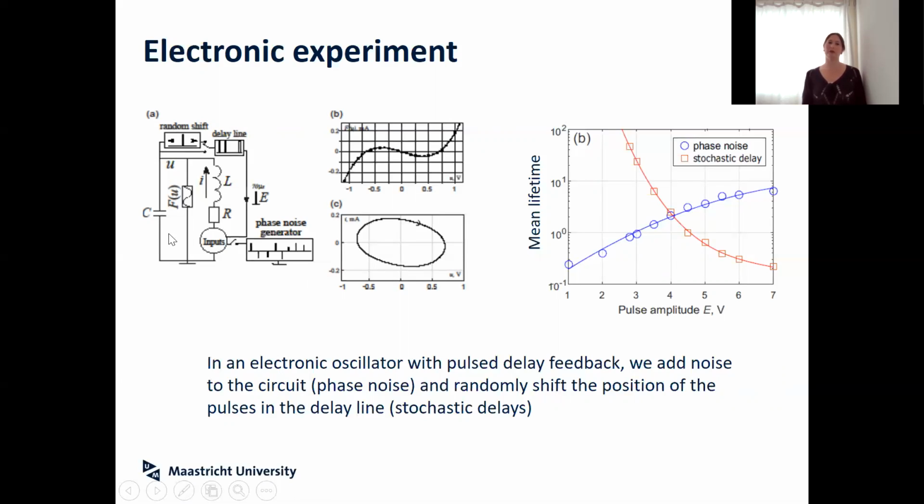We can implement phase noise as simply a noise source in the electronic circuit of the oscillator, and we can implement stochastic delays by randomly shifting the position of the spikes in the delay line. We have some control over the coupling strength by the pulse amplitude of the pulses that the oscillator receives when a spike arrives. And we see indeed that the mean lifetime increases with the coupling strength for phase noise, and it decreases for stochastic delays.